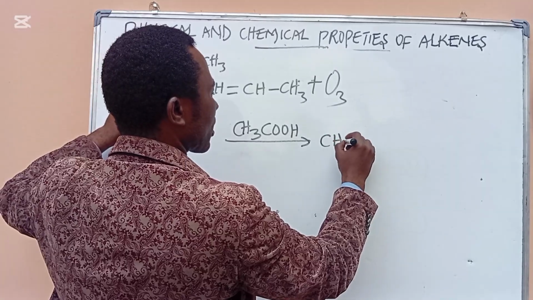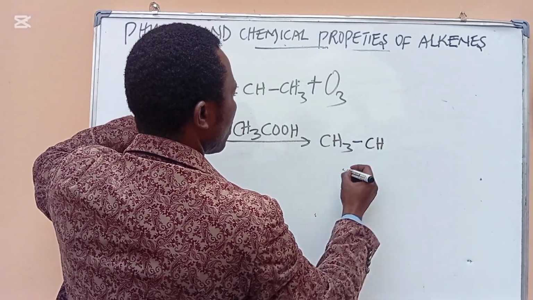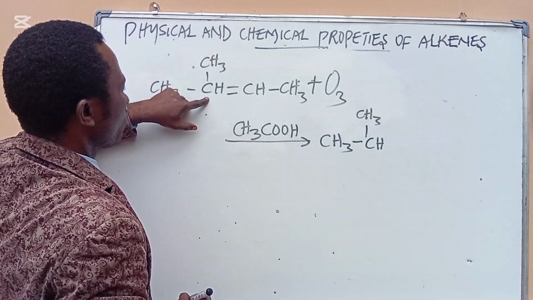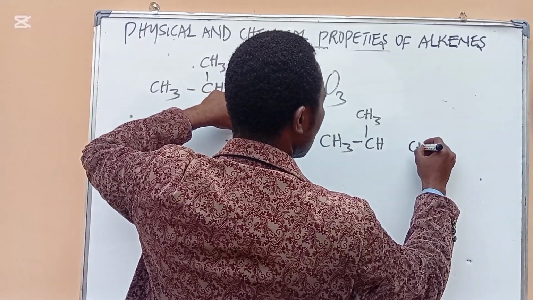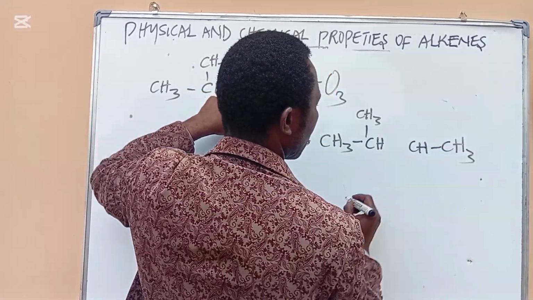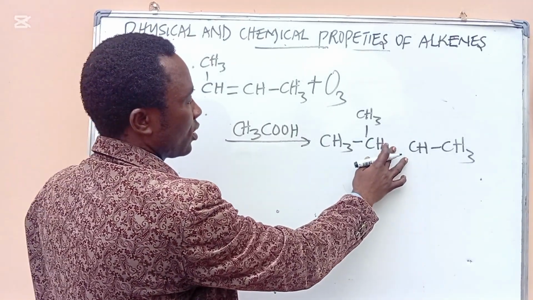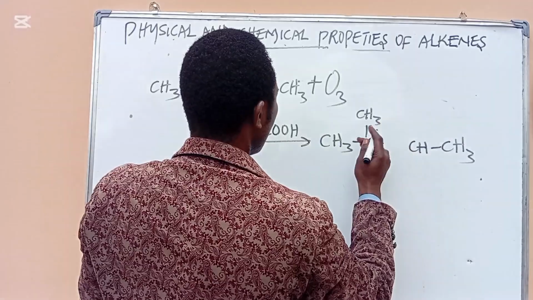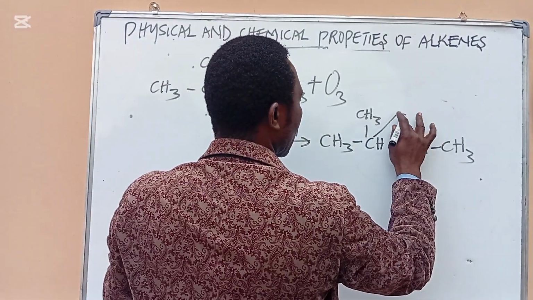You have CH3, CH, then here you have CH, CH3. Remember, this is where the double bond is supposed to be, but in the formation of the ozonide, the double bond is broken because we are adding 3 oxygens.